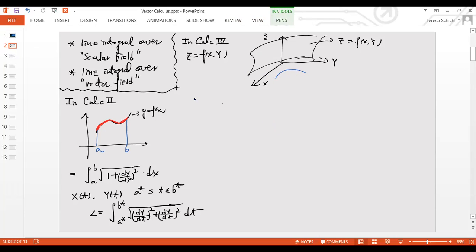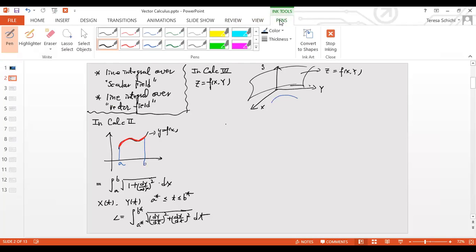And now when I try to do the line integral over this curve, what does that mean here? Imagine that you have a knife, and you make cross sections along this curve here, and then you try to find what?